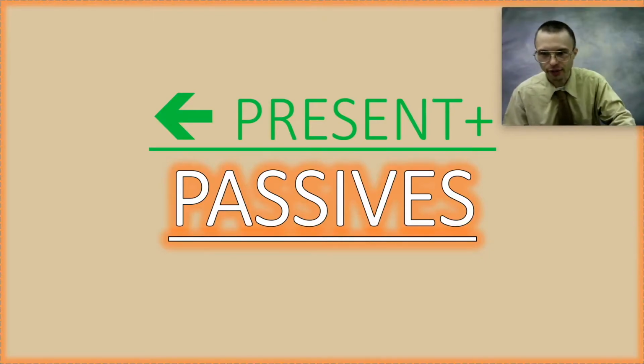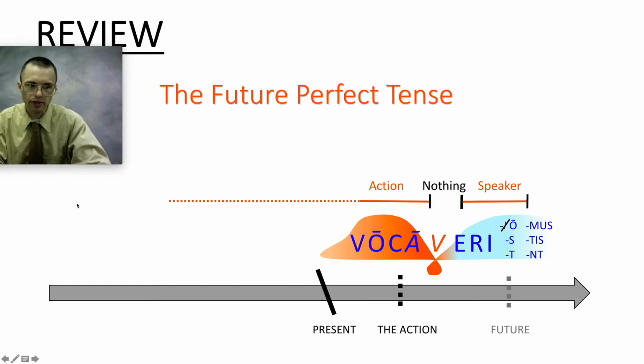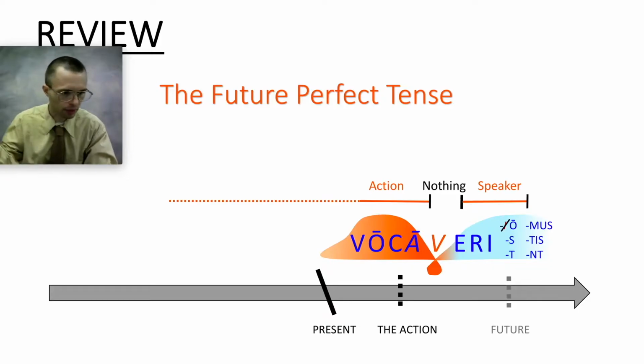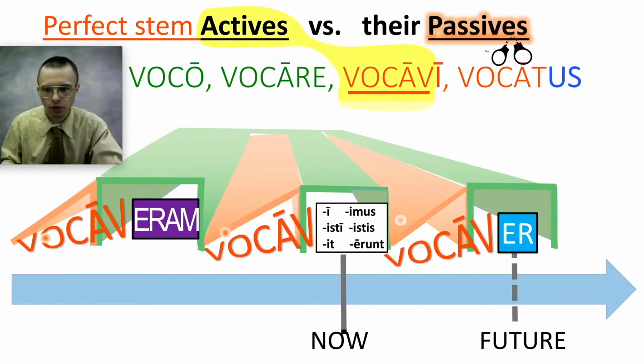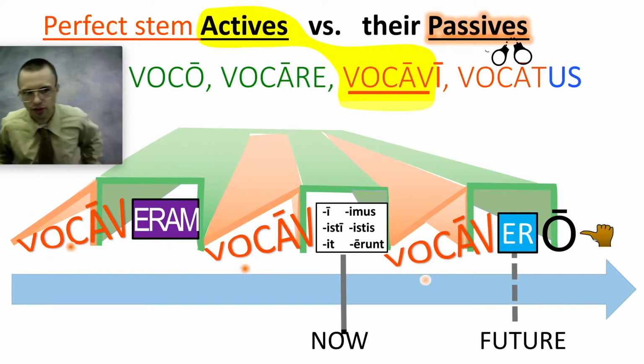Harder. Okay, so the passives are not going to be nearly so easy as they were in the previous two subjunctive tenses that you just learned. So we need to take as our model the future perfect. However that makes its passive is probably how we're going to make our passive of the present backward-looking subjunctive. So vocavero was one of the perfect stem tenses, as you see the three of them here.